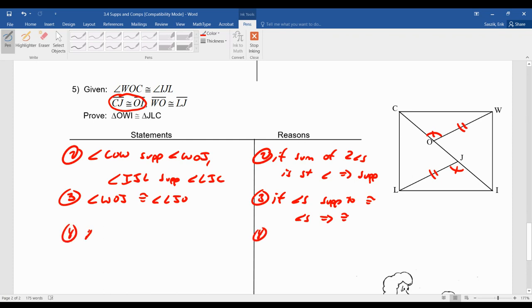And then we're all set. We can say triangle OWI, this is just 4 steps, supplementary to I. Whoops. I didn't match that up correctly, did I? Actually, I is not even in that one. OWI would have to be JLC, which is what it says right here. And that's going to be by SAS. All right.